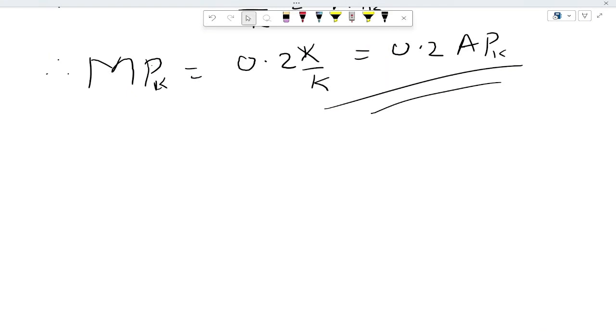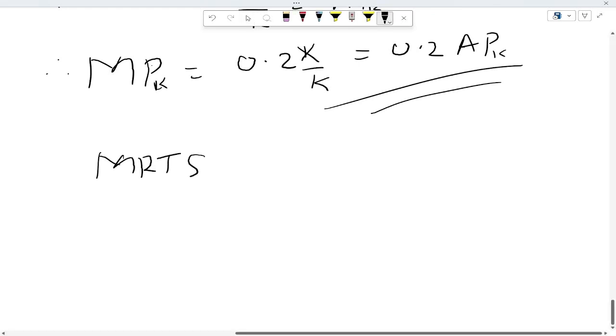So your marginal rate of technical substitution of labor for capital is your marginal product of labor over the marginal product of capital.